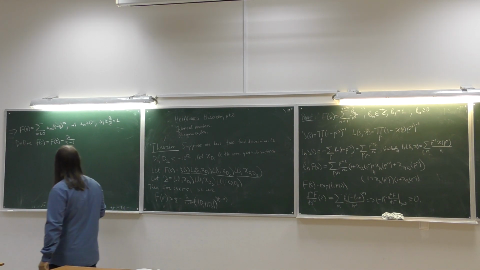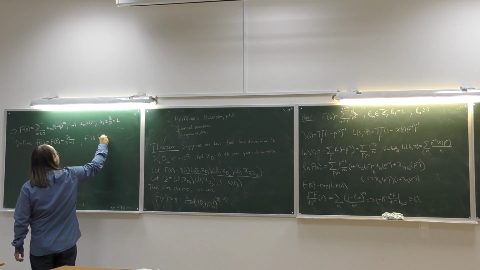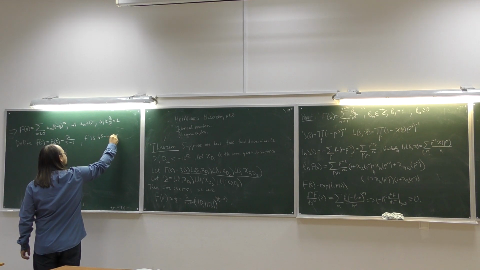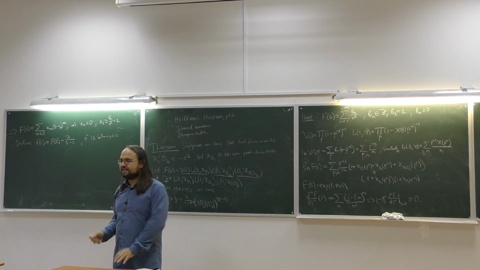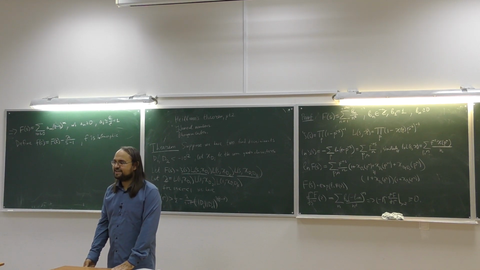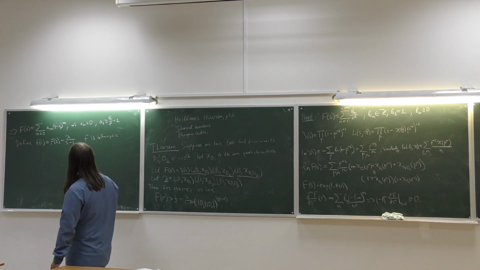We only proved that it is holomorphic when the real part of s is greater than 0. But one can actually prove that it is an entire function. But still, let us exploit the fact that f is holomorphic.